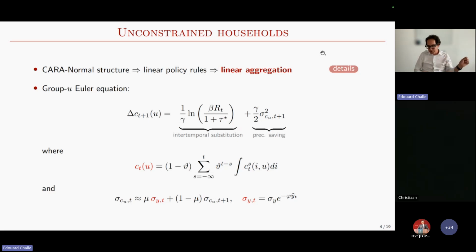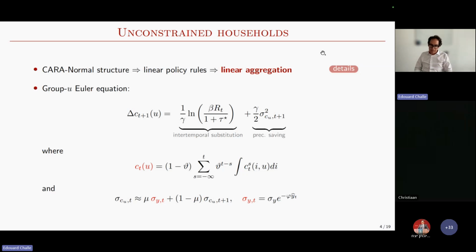Your consumption decision and your asset holding decisions will be linear in that state, which means that you can linearly aggregate the behavior of the households. So despite the fact that people have been hit by many idiosyncratic shocks, and that there is potentially very large, infinite dimensional cross-sectional heterogeneity, the linearity in the policy rules allows for aggregating the behavior of the households.